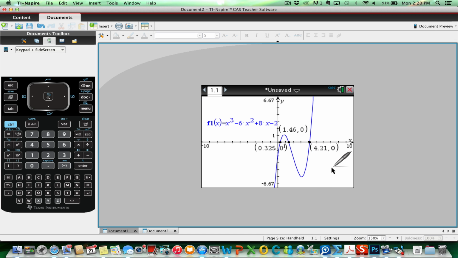Now, when is it less than or equal to 0? Well, that would be when it's below the x-axis or equal to 0. So that would be from negative infinity up to 0.325. And then it's below the x-axis again in this region, so that would be from 1.46 over to 4.21.